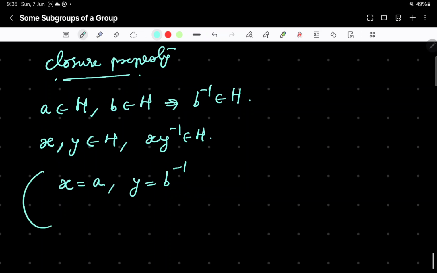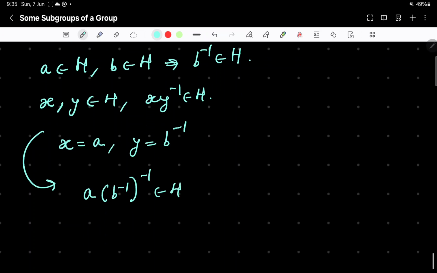So we have a, b inverse, all inverse, belongs to H. What is b inverse, all inverse? The inverse of the inverse is b itself. So ab is in H. In that way the closure property is done.